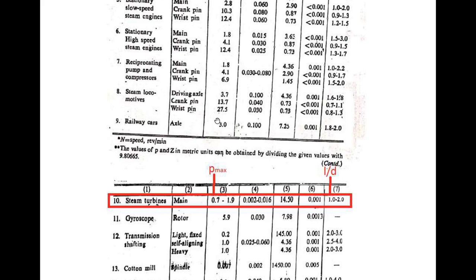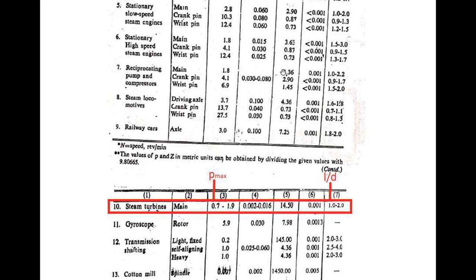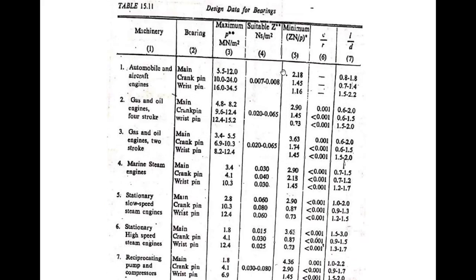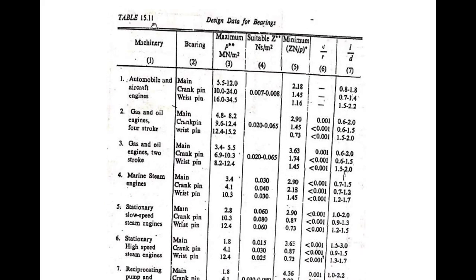So this design data book gives the idea about what will be the P max, the L by D ratio, and the C by R ratio. This data is helpful to the designer. So you also have to refer to this table to solve numericals on design of journal bearing. Note the table number: this is table number 15.11 of design data book of Mahadevan.